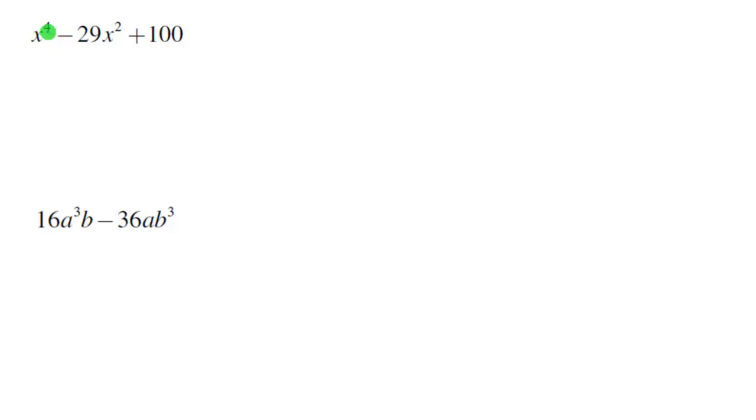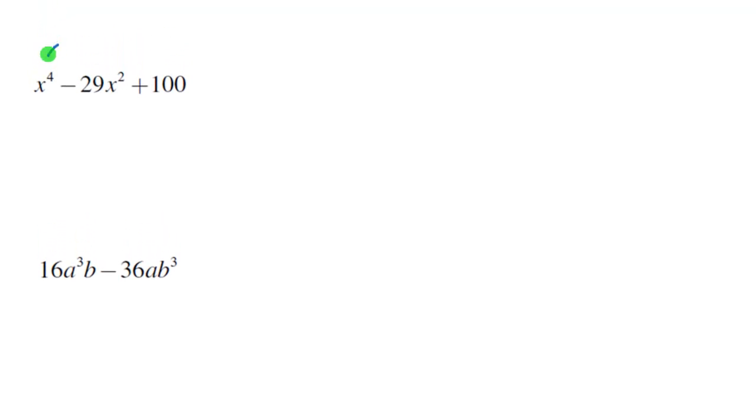Is it a perfect square? Well, let's check. Is x to the 4th a perfect square? Well, you should say yes, because x squared squared is x to the 4th. Okay? And you know 100 is a perfect square because that's 10 squared. Okay. Now, do we have the right middle term in order to factor this as a perfect square trinomial?